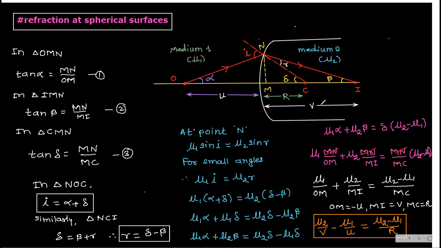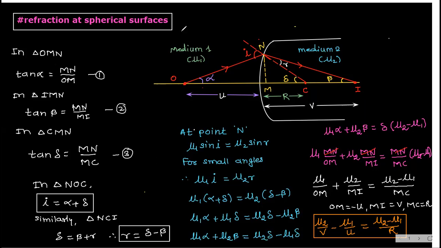These two distances are in the direction, that's why plus. So mu1 by minus u plus mu2 by v is equal to mu2 minus mu1 by MC, that is R. Just transfer this here and this here. You will get mu2 by v minus mu1 by u is equal to mu2 minus mu1 by R. You can do that paperwork.